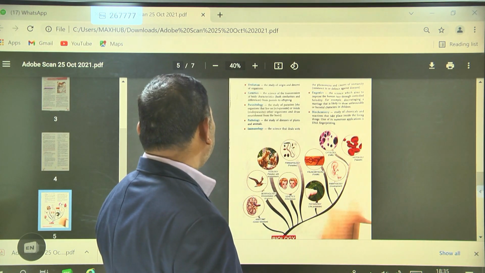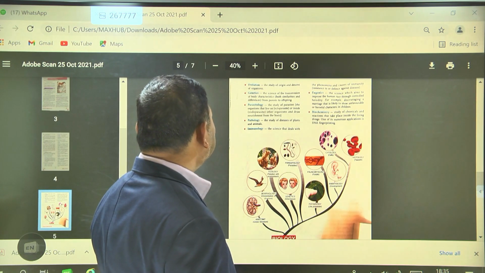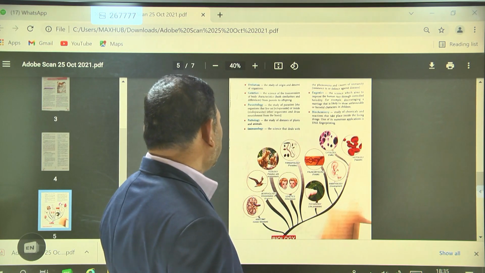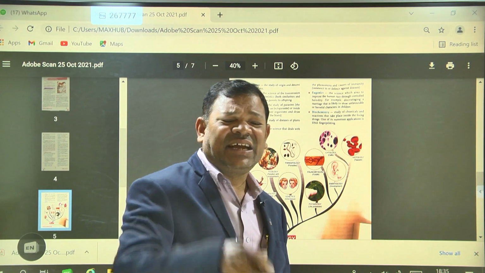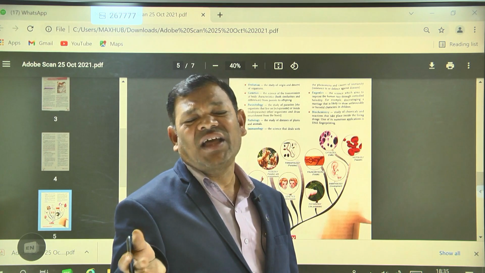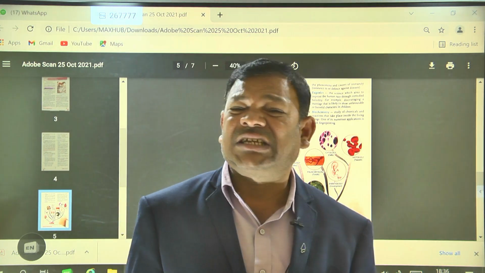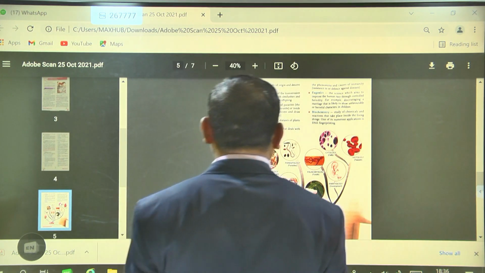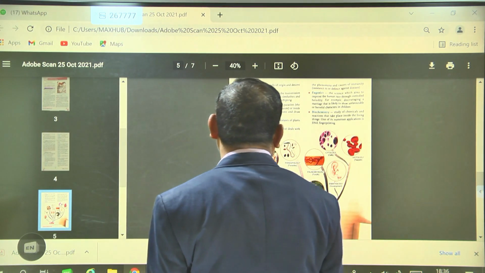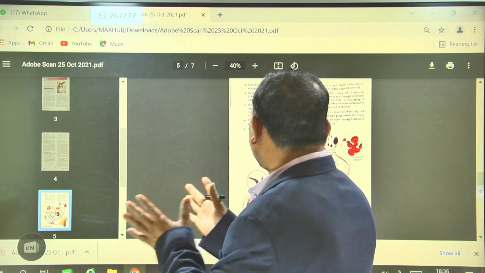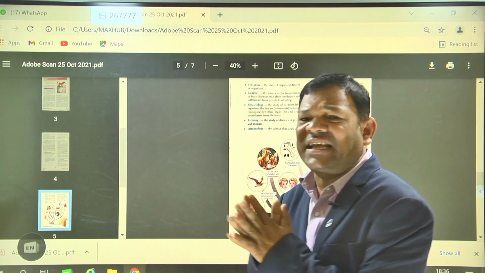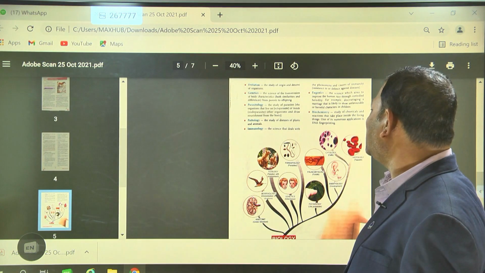Last, parasitology, the study of the parasites, especially some of the organisms causing diseases inside the body, and some of them causing diseases outside of the body. So outside the body, the ectoparasite, and inside the body, the endoparasite, both we can study in parasitology.